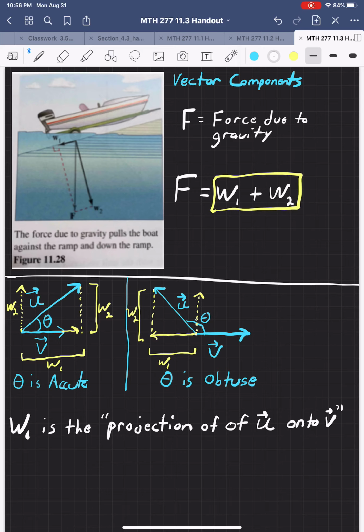In just a second I'll tell you how we denote that, but right now let's define it. Okay, w sub 2 would be referred to as the vector component of u orthogonal to v.